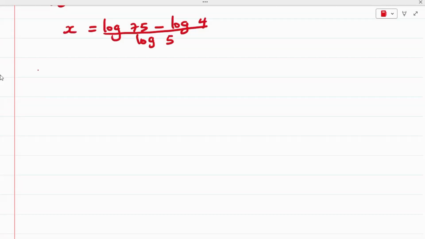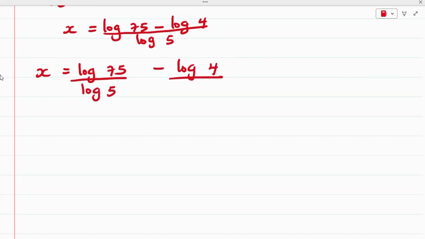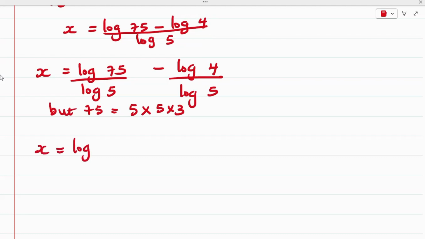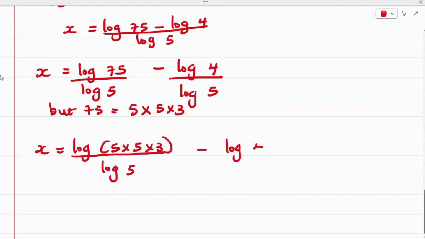So separating the fraction, we have log 75 divided by log 5 minus log 4 divided by log 5. But 75 can be expressed as 5 multiplied by 5 multiplied by 3. So we have x is equal to log of 5 multiplied by 5 multiplied by 3 divided by log 5 minus log 4 divided by log 5.